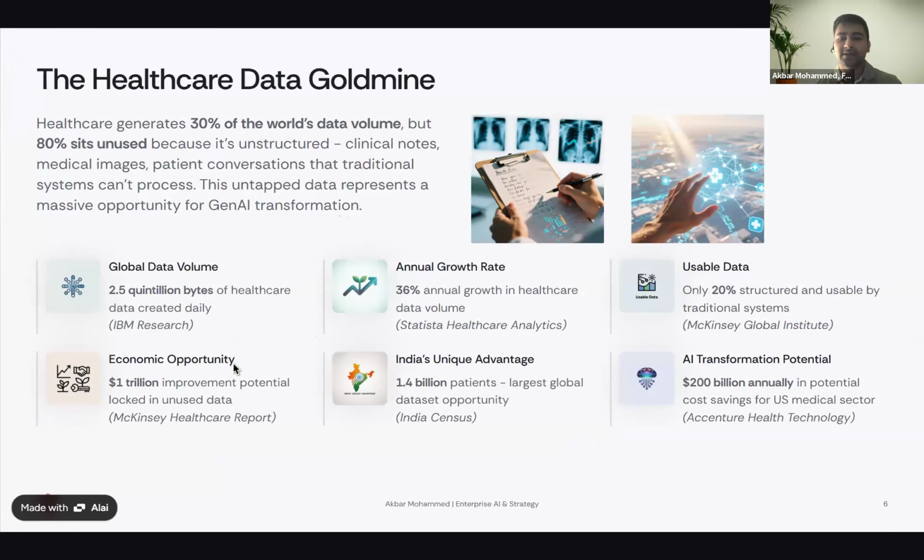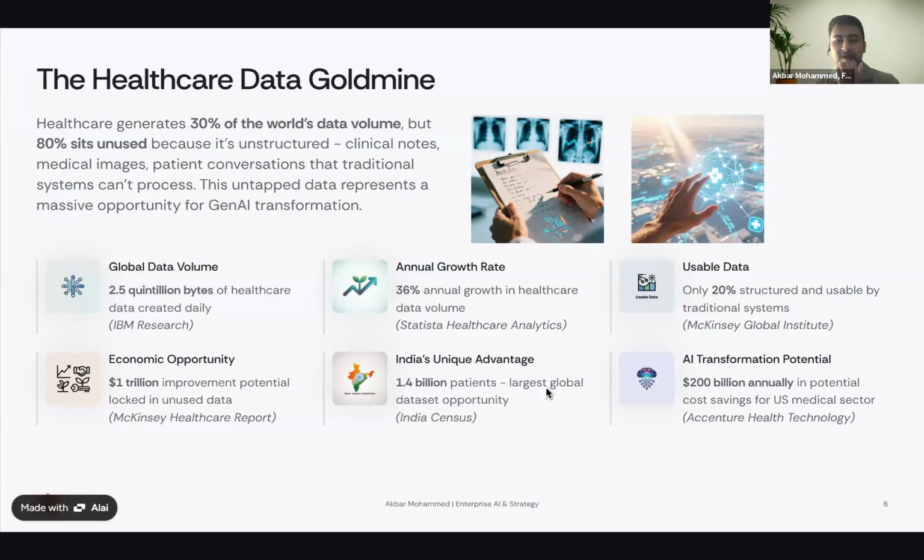And there's a lot of economic opportunity. If we can leverage this data, we can not only improve operations, like how the healthcare system works, but also look for new knowledge. There might be signs and symbols, patterns in some of these healthcare diagnostics. All of that can be captured, and there's a lot of economic opportunity there.